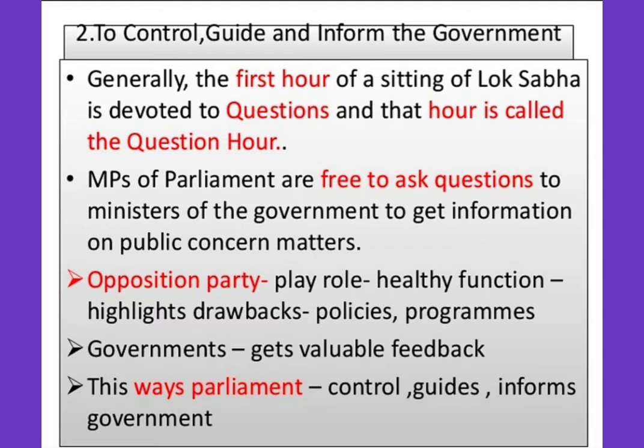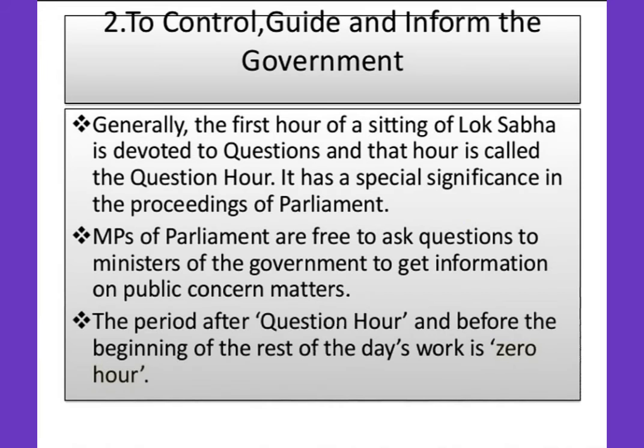Members of Parliament are free to ask questions about matters of public concern, and the opposition party plays a very important role, especially in highlighting the drawbacks regarding the policies and programs, and the government is able to get valuable feedback. This way the Parliament is able to control, guide and inform the government.